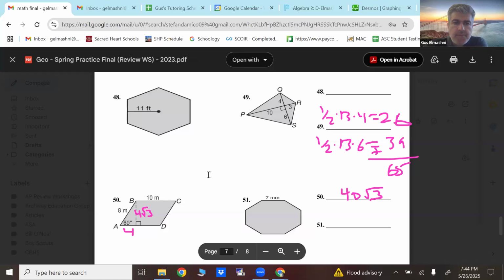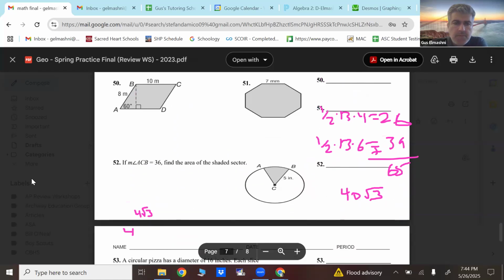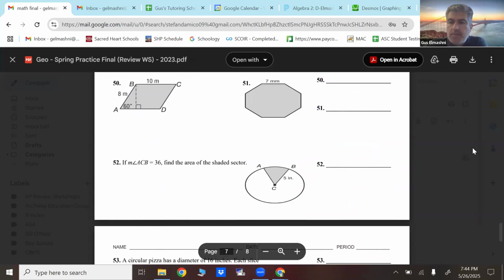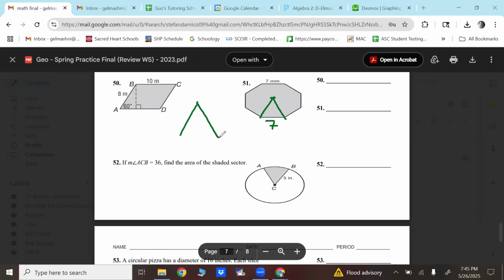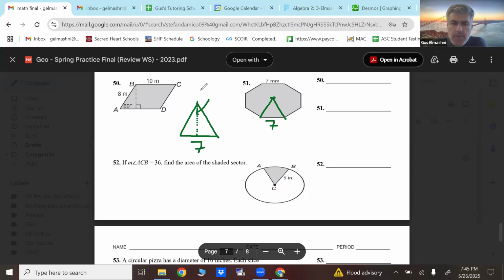So that's 7. If it's an octagon, that's going to be 22.5 degrees because it's 45 degrees all the way around.